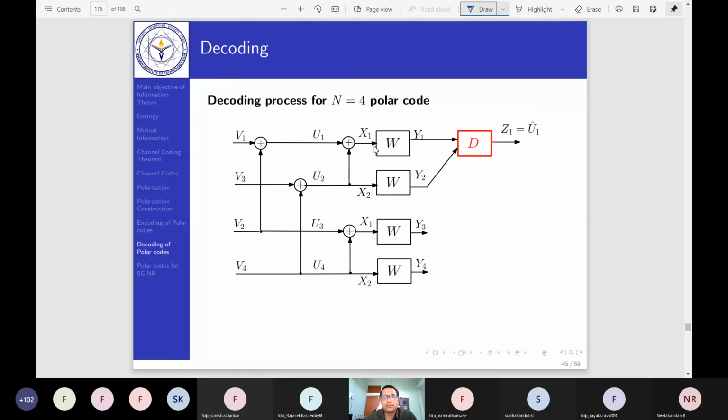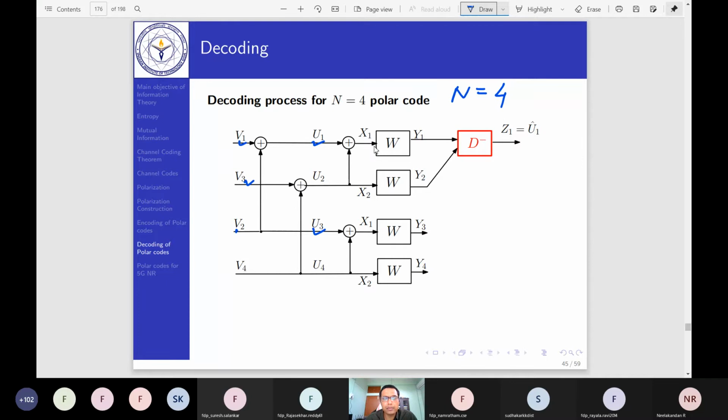We can understand this decoding process for n equal to 4. D minus is used to decode the upper bits of every layer, like U1 and U3.